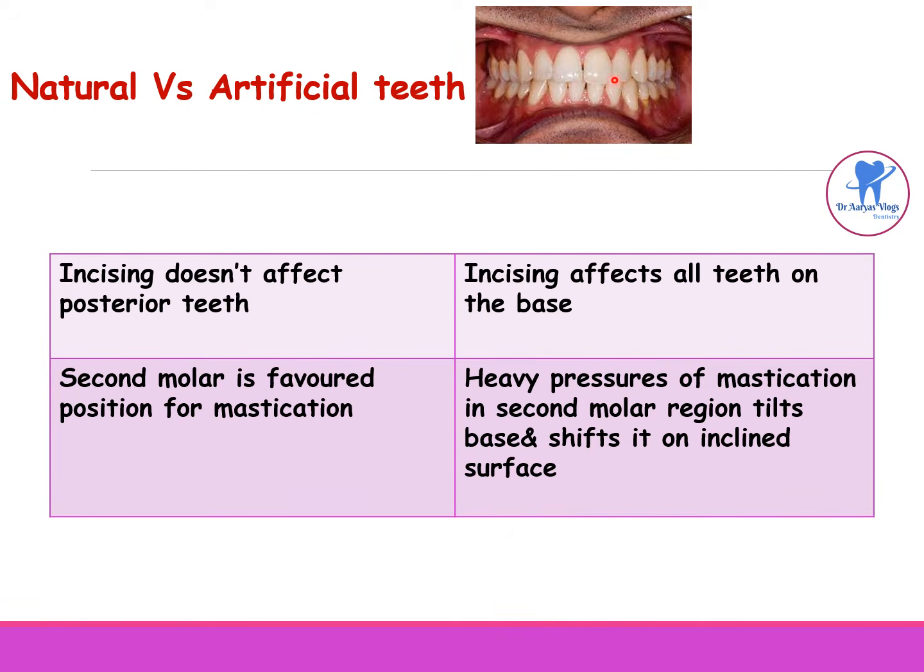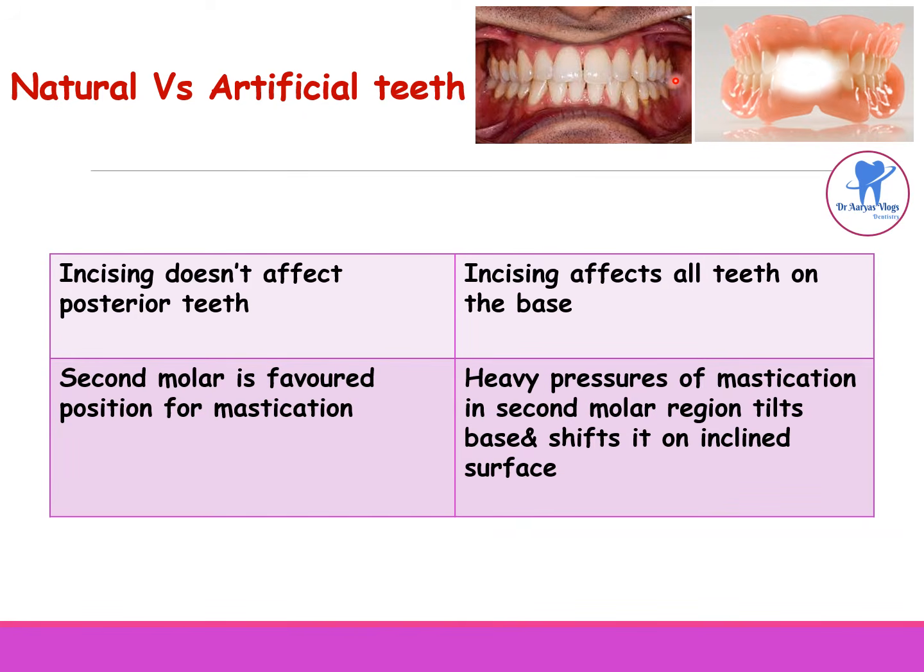Incising doesn't affect the posterior teeth in natural dentition, whereas in artificial teeth, incising affects all the teeth on the base. Here the second molar is the favored position for mastication. Here the heavy pressures of mastication in the second molar region tilt the base and shift it on the inclined surface.